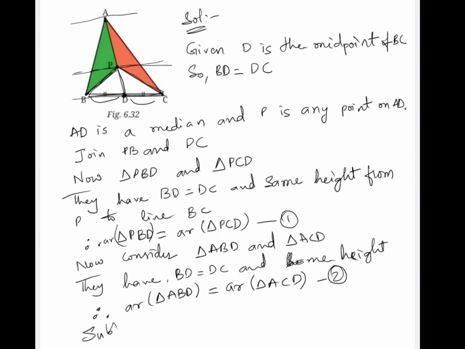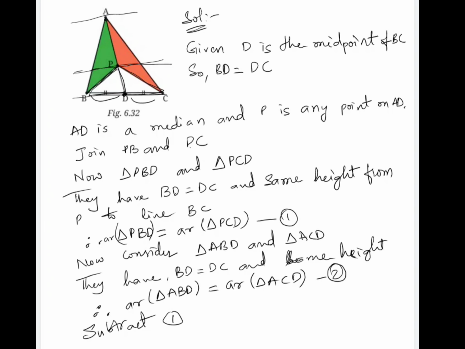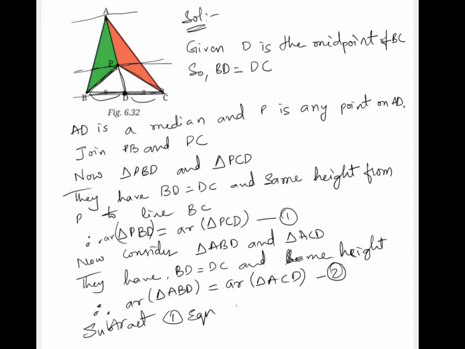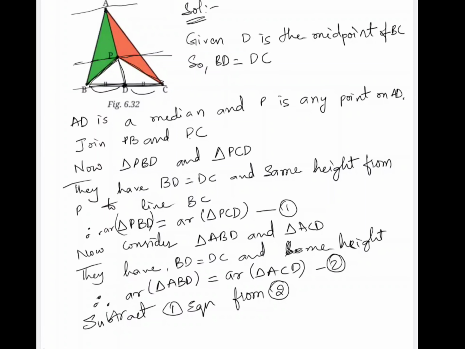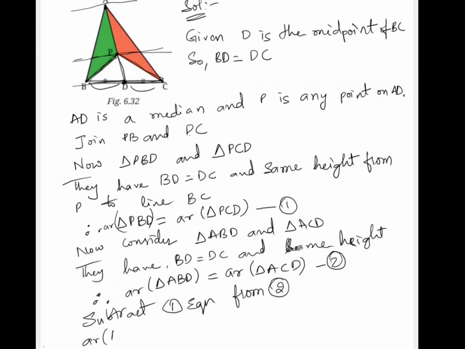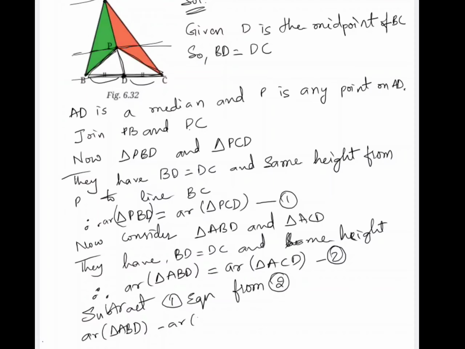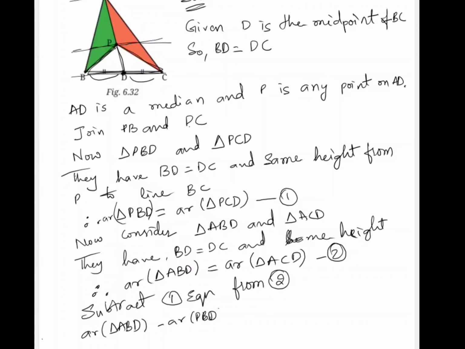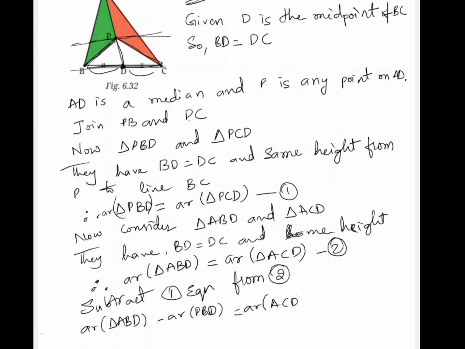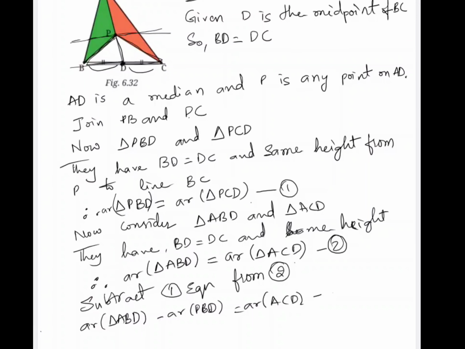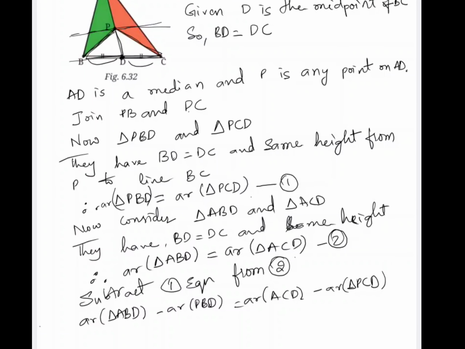Now let us subtract first equation from second. We will get area of triangle ABD minus area of triangle PBD is equal to area of triangle ACD minus area of triangle PCD.